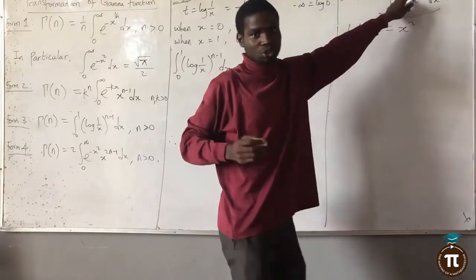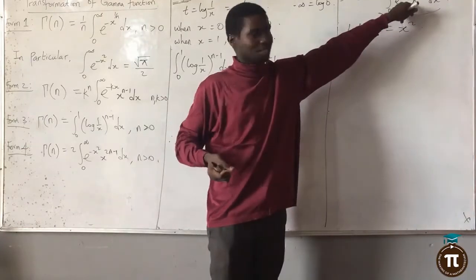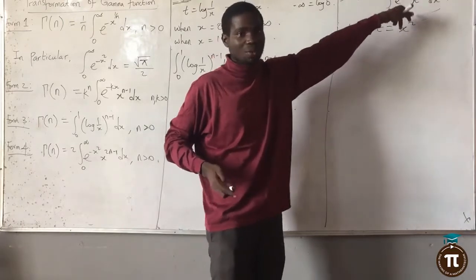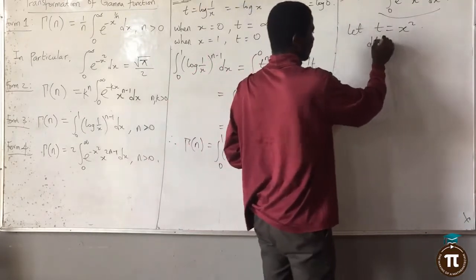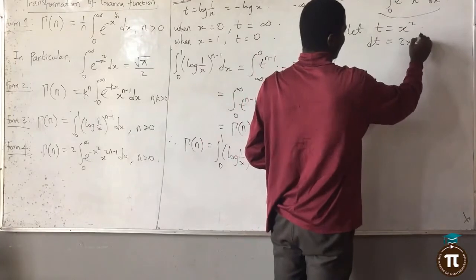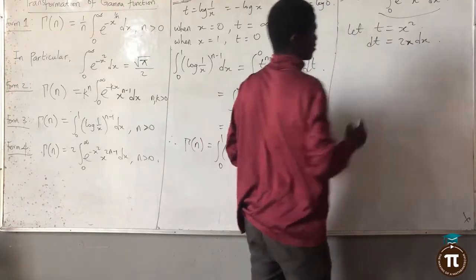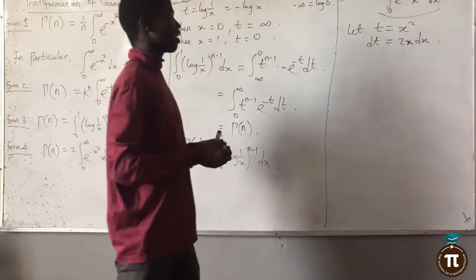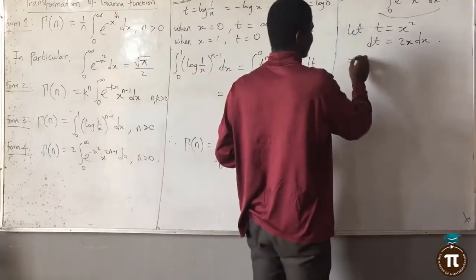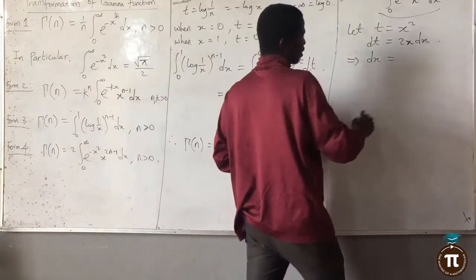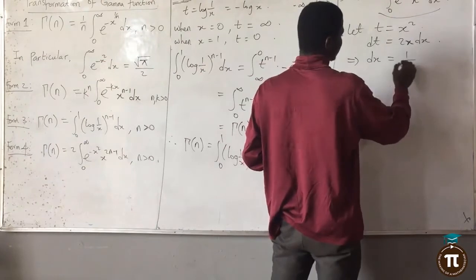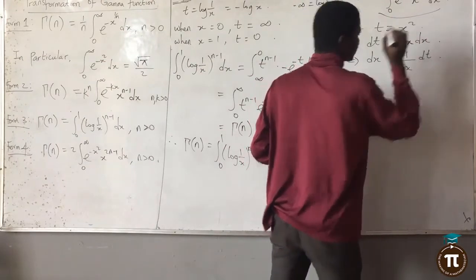I told you this is what you should watch, e raised to the power of minus t. So let t be equal to s squared, then differentiate. dt will be 2s ds. So I can make ds the subject. ds will be equal to 1 over 2s dt.